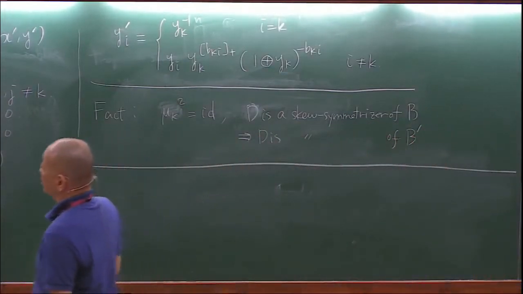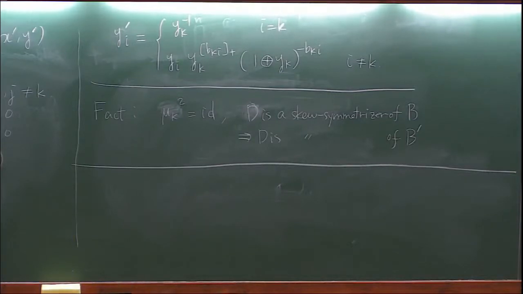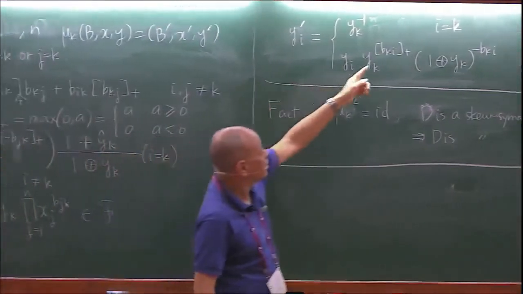Okay. And in many situations, you have a simplified version of a seed. First of all, by looking at these complicated things, you notice that the mutation of the B matrix is very important, because this data is used whenever you make a new mutation. In fact, that's why it is called the exchange matrix. It is kind of a DNA of the mutation, and it determines this formula completely.